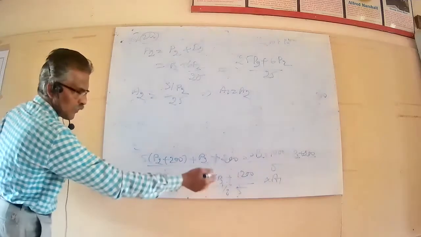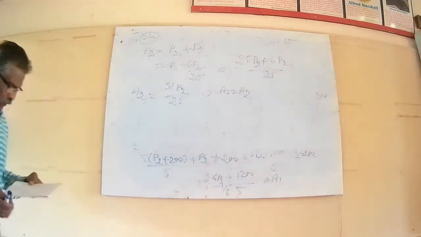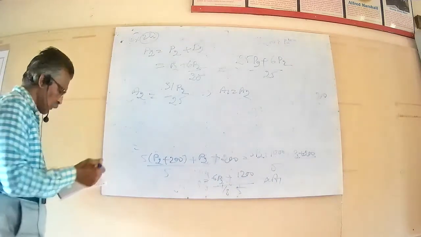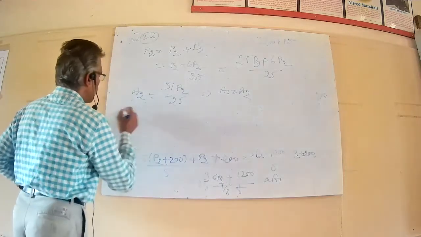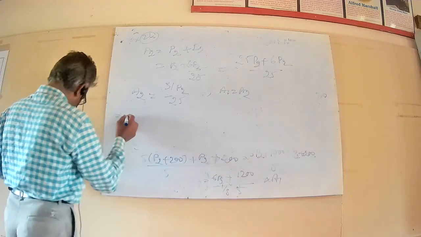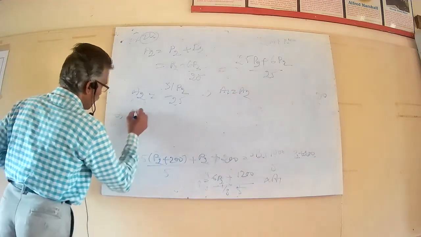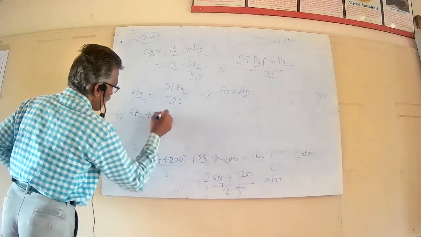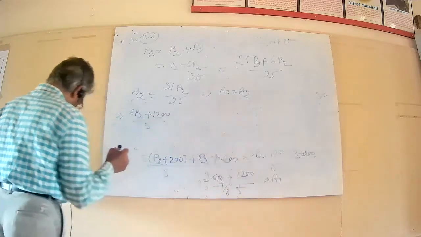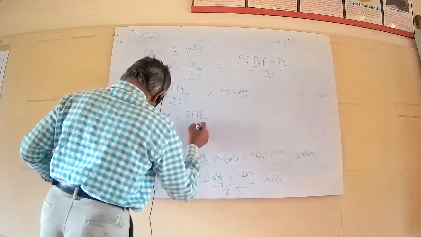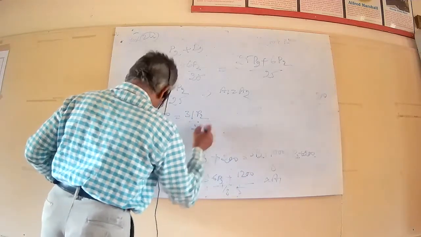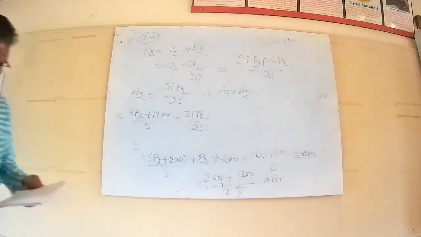That implies 6P2 plus 1200 divided by 5 equal to 31 P2 divided by 25.